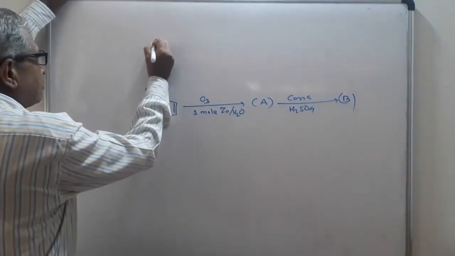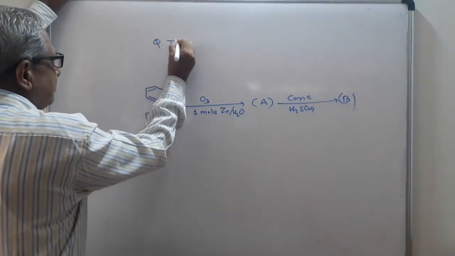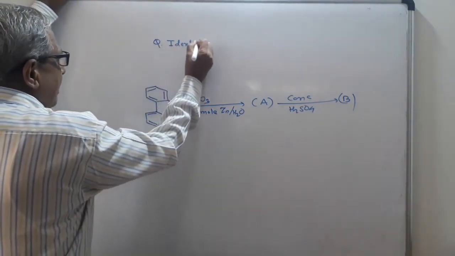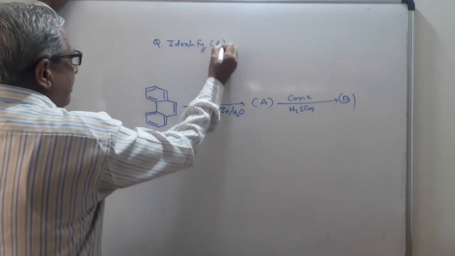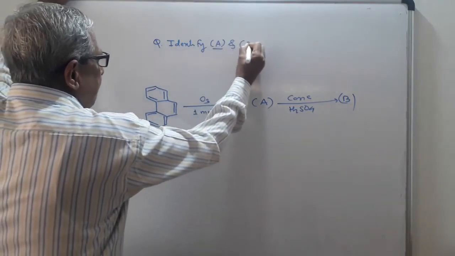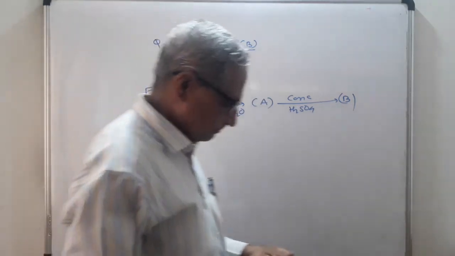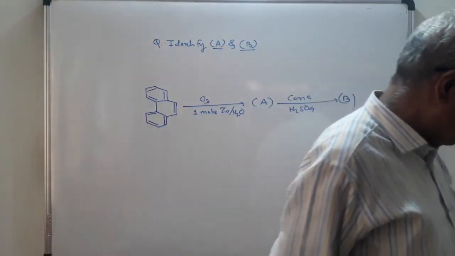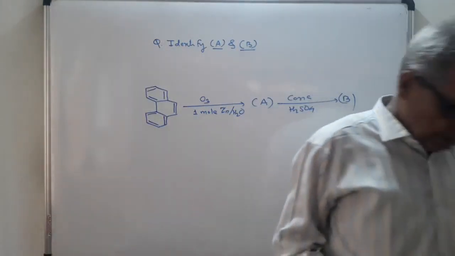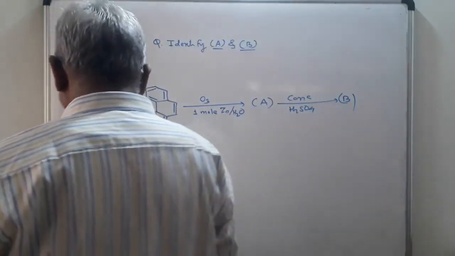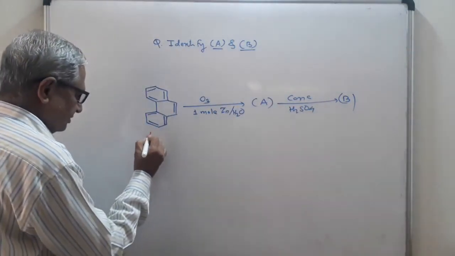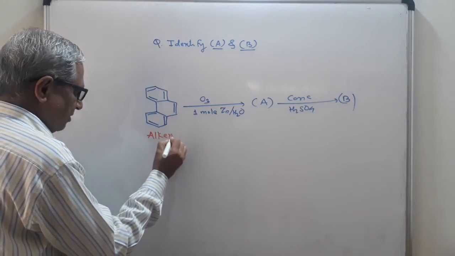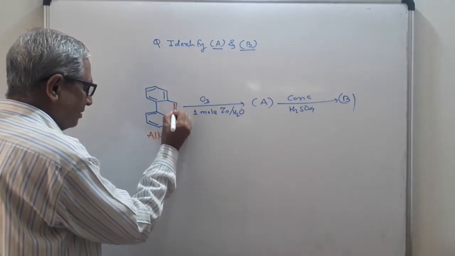So your question is like this: identify A and B. Now see, this is your alkene, because the carbon-carbon double bond is here.